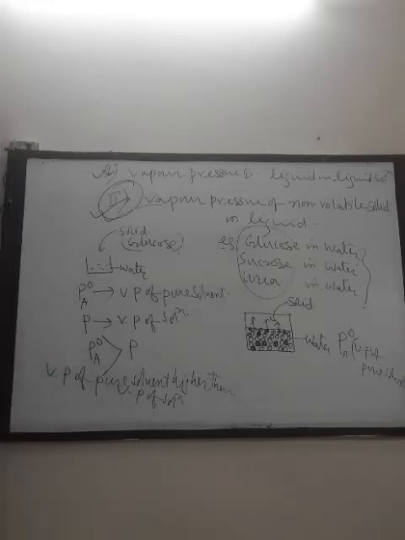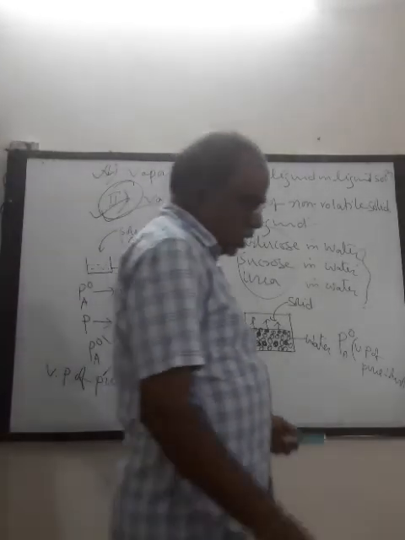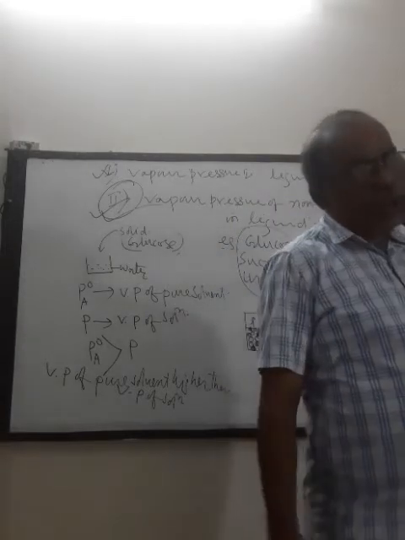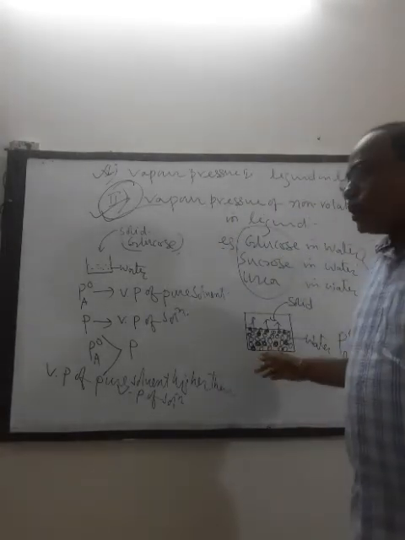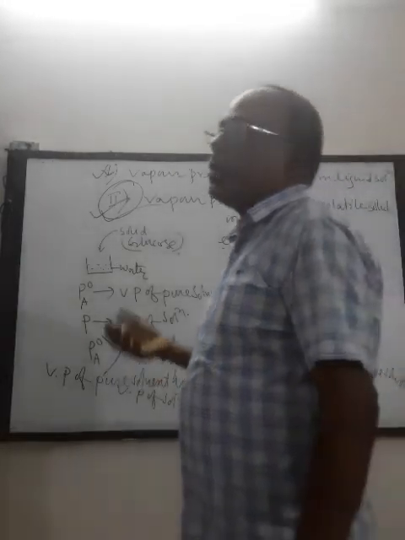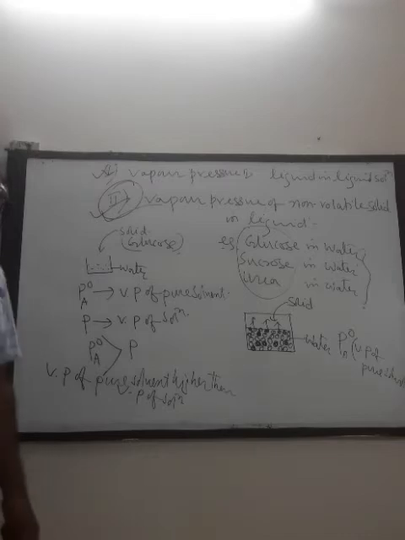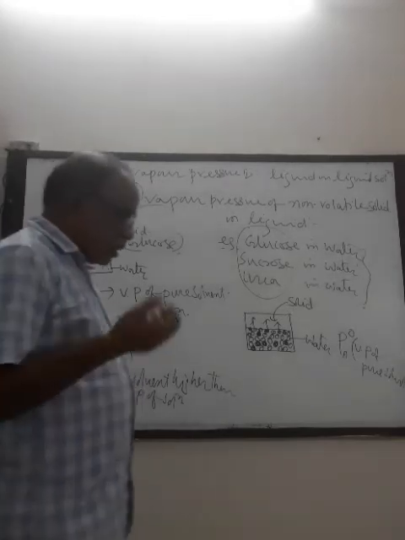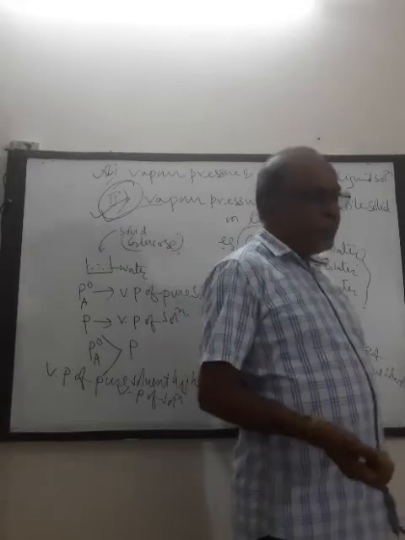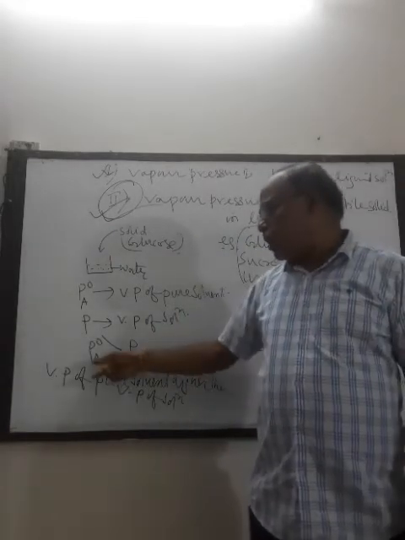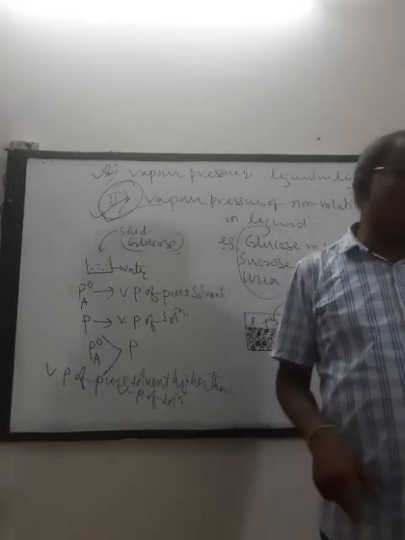And the second reason: in pure solvent, there is only liquid interaction. In solution, there is solid-liquid interaction, and the magnitude of solid-liquid interaction is more than liquid interaction. So with more interaction, there is less tendency to escape from the solution, so the vapor pressure will be lower. So the vapor pressure of solution is lower than pure solvent because of two reasons.